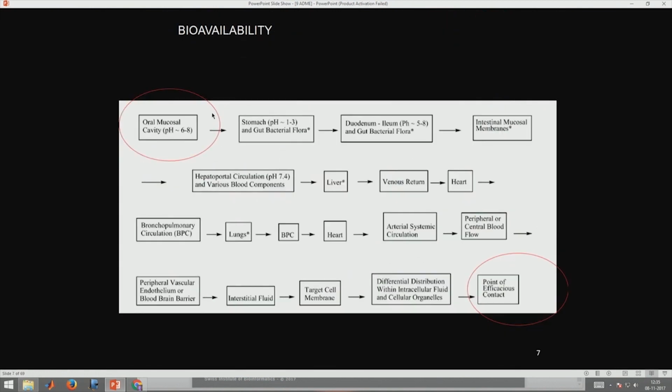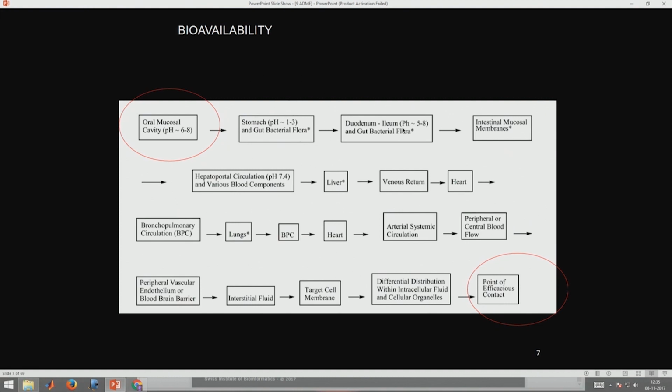Now another thing that happens is, when the drug comes to the oral mucous cavity, the pH is 6.85, but as soon as it reaches the stomach, the pH, as I said, is very low, 1, 2, 3. So there could be drug degradation because of acidic pH. For example, ester bonds and amide bonds can break because of acidic pH, so we need to watch out.